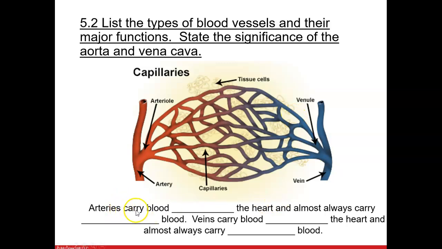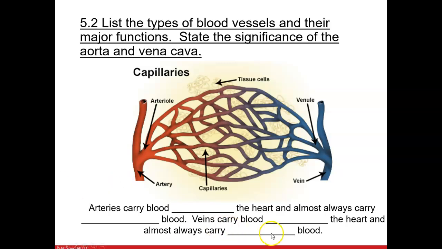Arteries always carry blood away from the heart and almost always carry oxygenated blood, except for the pulmonary arteries, which carry deoxygenated blood. Veins always carry blood towards the heart and almost always carry deoxygenated blood, except for the pulmonary veins that carry blood from the lungs to the heart.